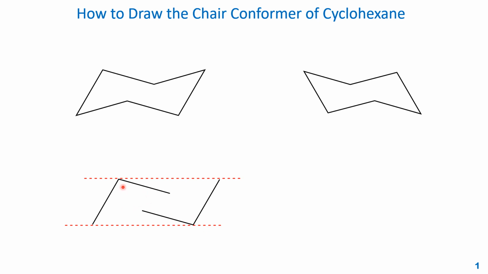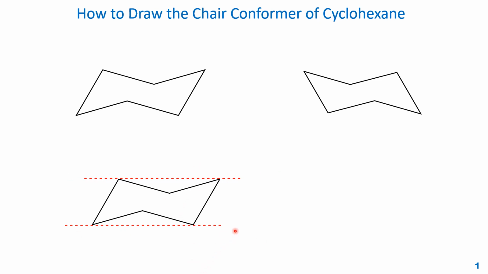Make sure it's not flat, okay, it's tilted. And then the third pair of parallel lines, this one and the other one. So that's the chair. Notice that none of these lines are flat or vertical.